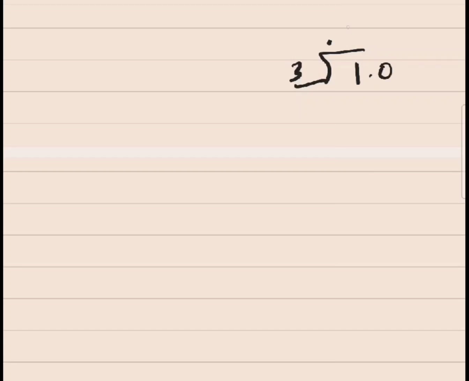Bring that decimal straight up. So we look at it as a 10. So how many whole 3's can we pull out of 10? Well, 3. That gets us to 9. 3 times 3 is 9. Remember, we want that clean cut 0 to tell us that we are done. So we need to add another 0, drop it, so we have another 10. How many whole 3's out of 10? Well, 3. 3 times 3 is 9.